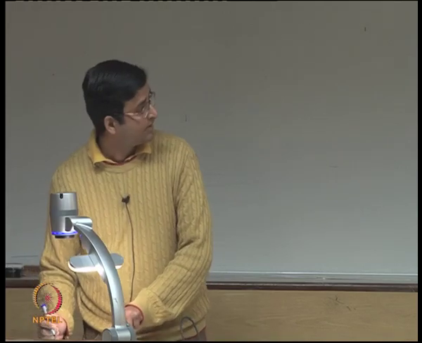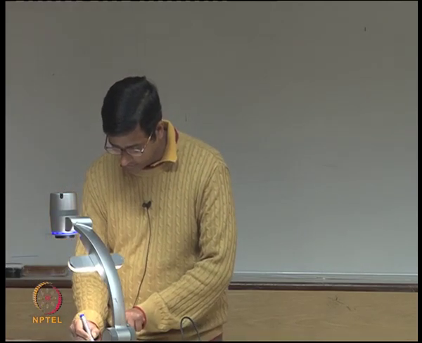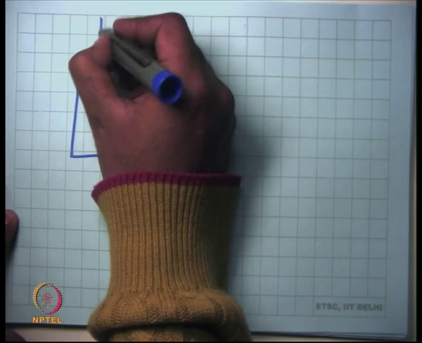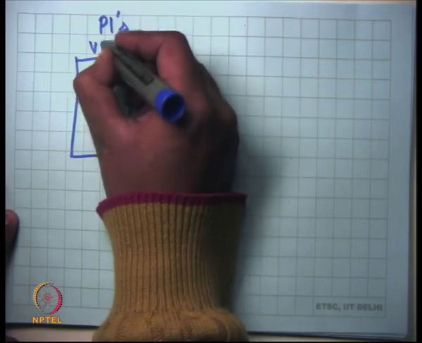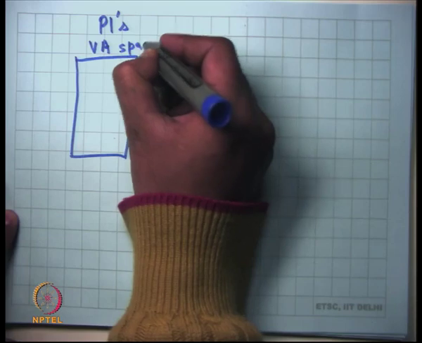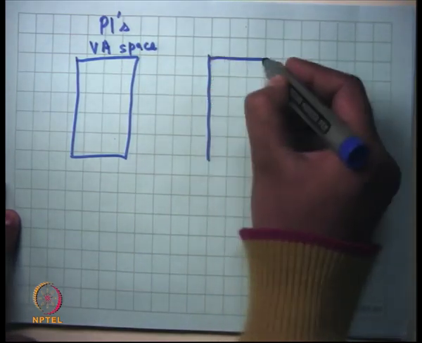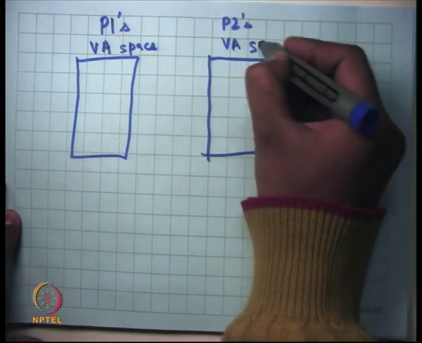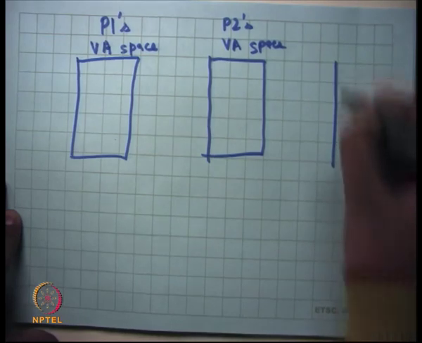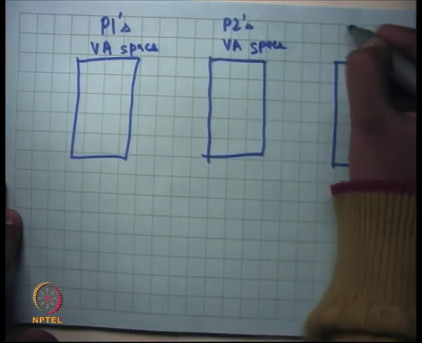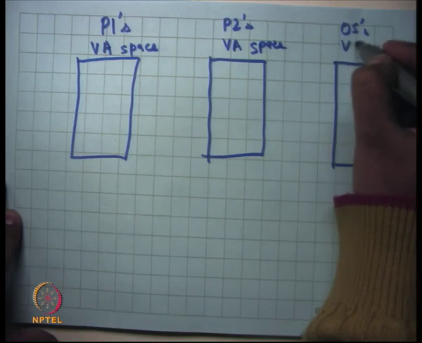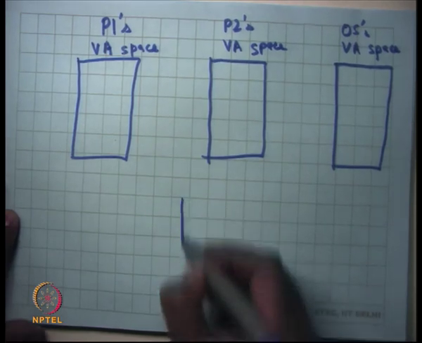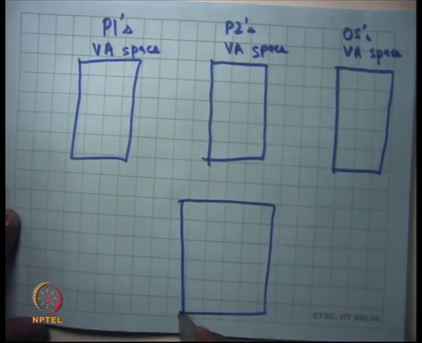So if we just look at what it's actually implementing, let's say this is the address space of process P1, so let's call it P1's VA space, and this is P2's VA space, right, and let's say this is the OS's VA space, all right, and let's say this is the physical memory.